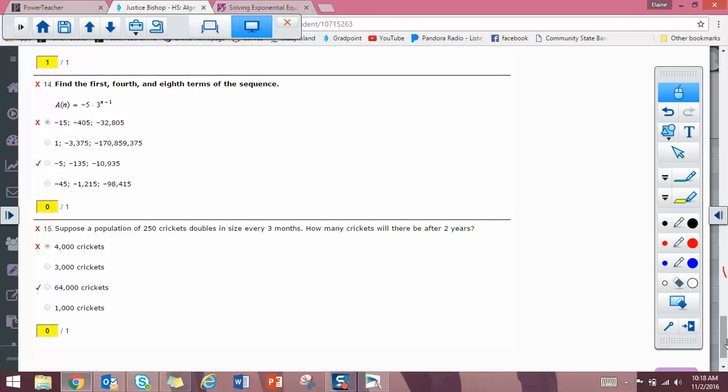Okay, so the first, fourth, and eighth terms of the sequence, that means you're plugging in a 1, a 4, and an 8.